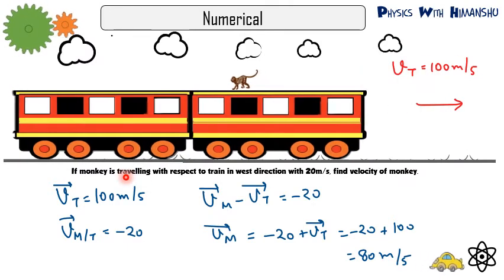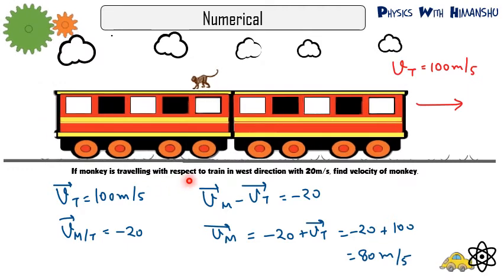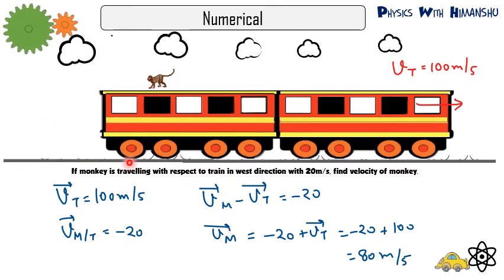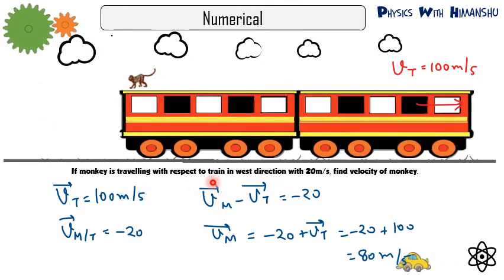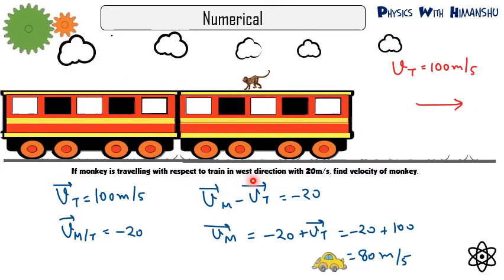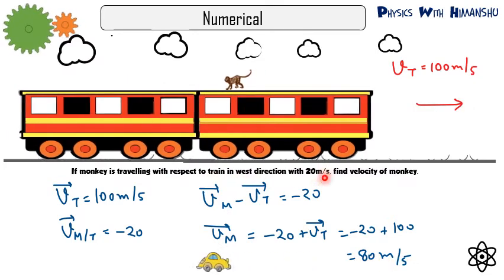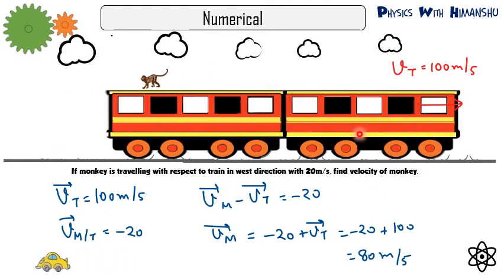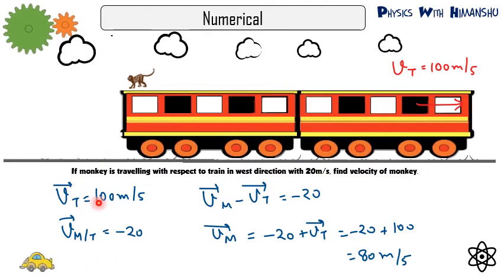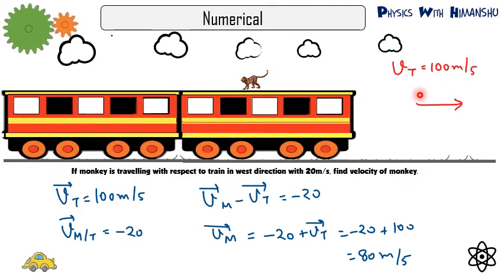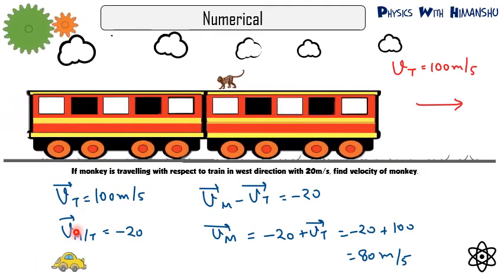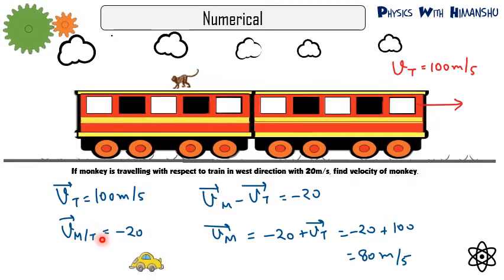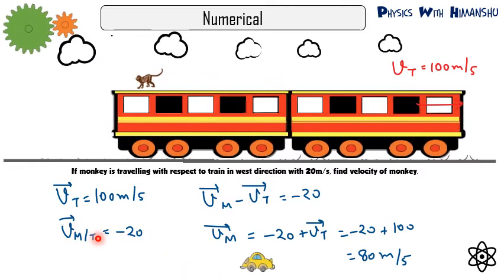So if the monkey is traveling with respect to the train, now remember this line. Monkey is traveling with respect to the train in west direction, so in backward direction, with 20 meter per second. Find velocity of monkey. So Vt is already given. Velocity of train is 100 meter per second because this direction is positive, opposite is negative. And velocity of monkey with respect to train, Vmt, is given minus 20.